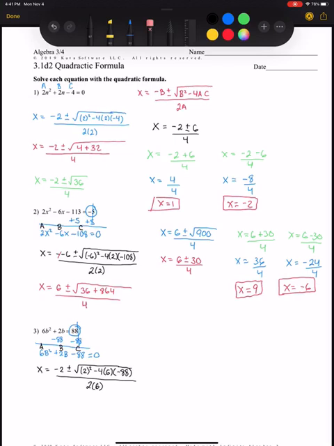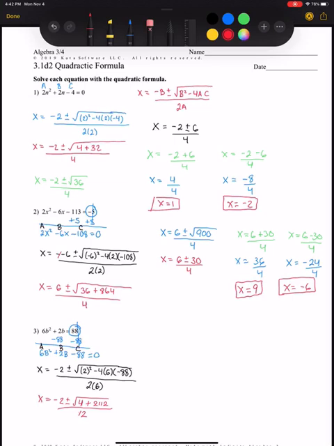So we're going to go ahead and simplify inside the radical. X equals negative 2 plus or minus the square root of 4. 2 squared is 4. And then I have negative 4 times 6 times negative 88. And that's going to be a positive 2,112. All divided by 2 times 6, which is 12.